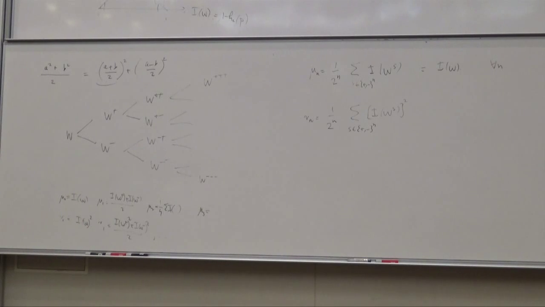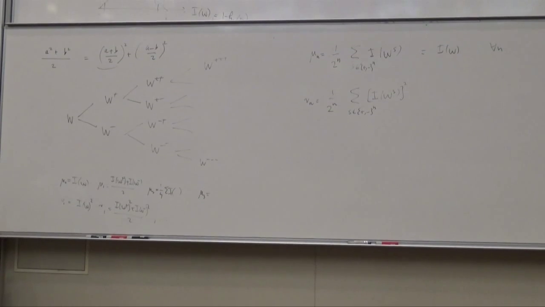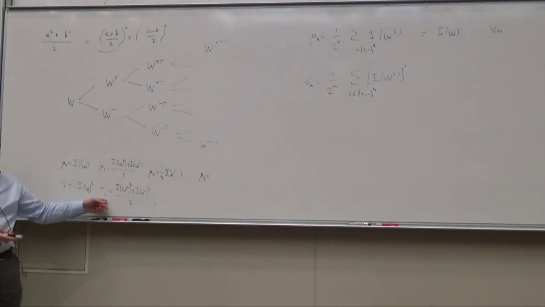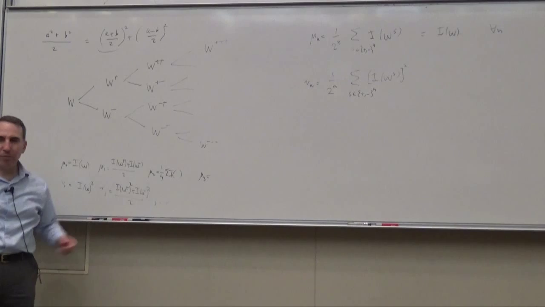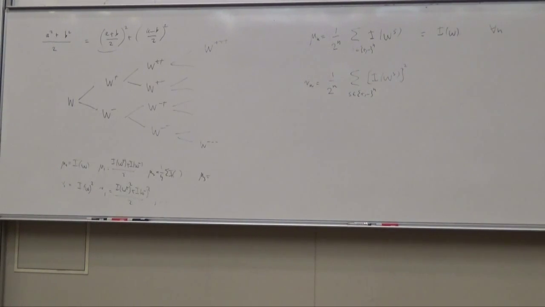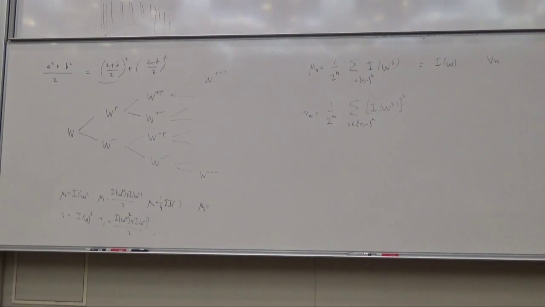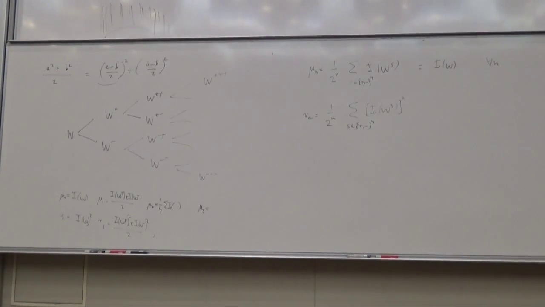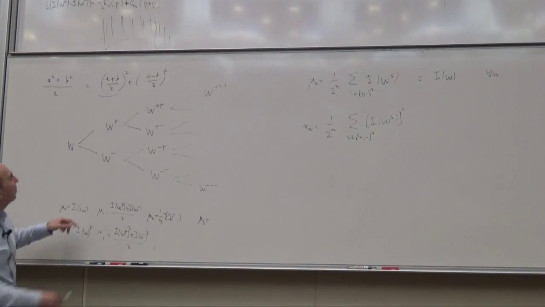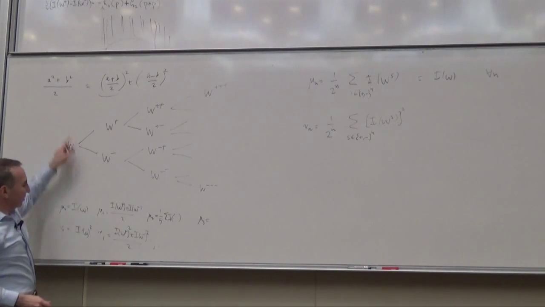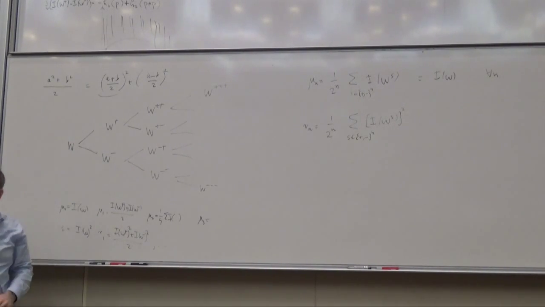Now, look at the following thing. Take a look at this new one. It is a squared plus b squared divided by 2. IW itself is a plus b divided by 2 because of the conservation of the mutual information. IW itself is simply the average of the a and the b. So this is exactly this quantity. This is IW, this is exactly mu 0, this is mu 1.